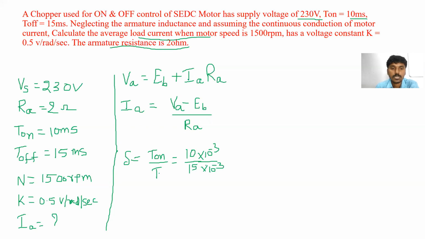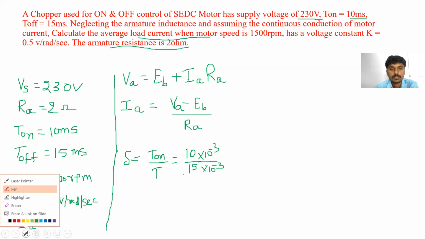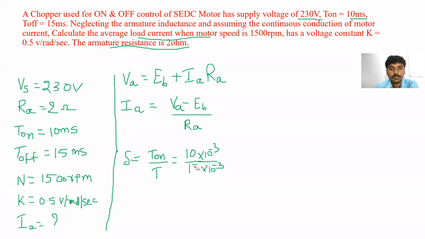Sorry, here the total time period T, how much? 15 or 25? Total time period is T on plus T off. 10 plus 15, how much? 25.